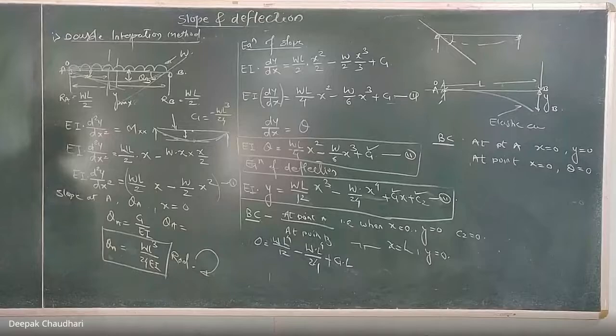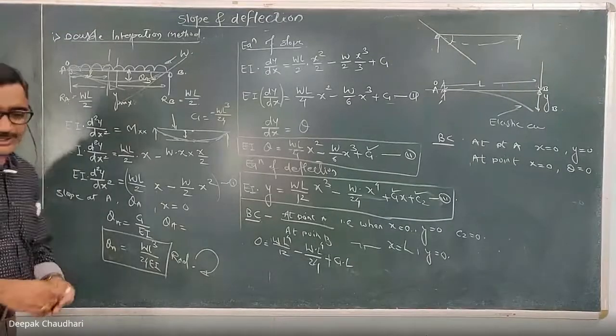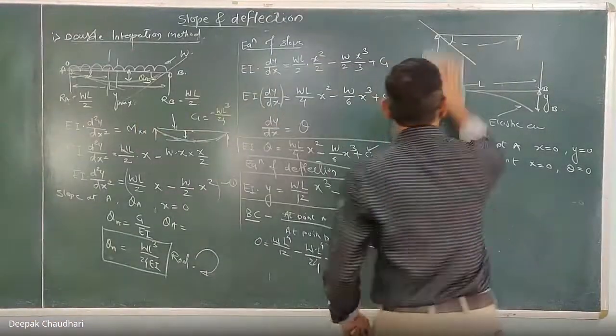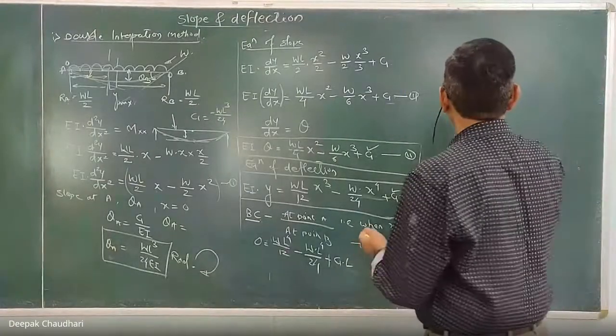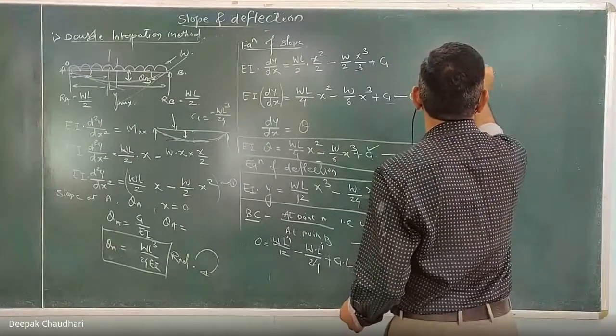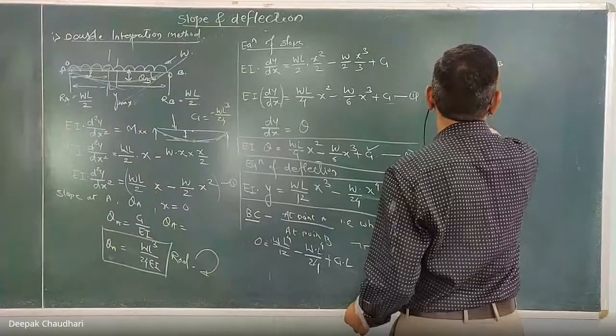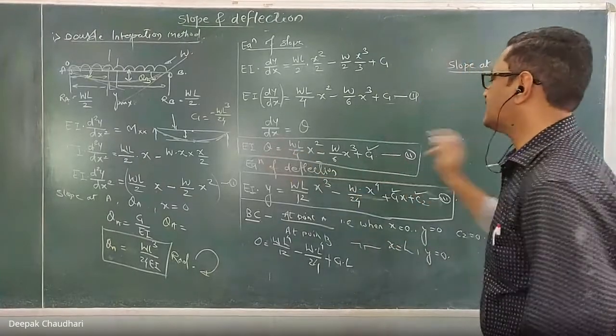Understood? If you want to calculate the slope at point B, we have to use this equation of slope only.